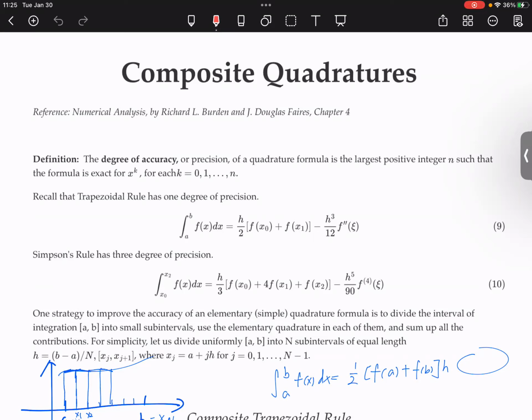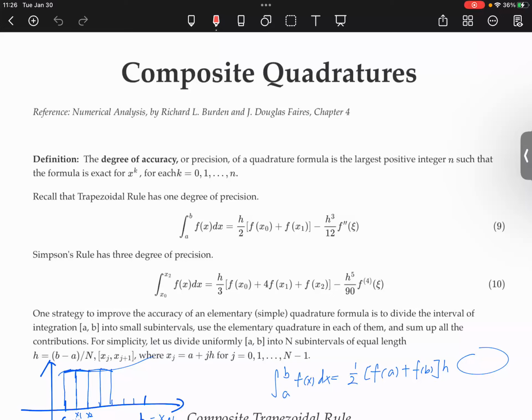In Simpson's rule, we have 3 nodal points: both endpoints and the middle point. So n equals 3, and what about the degree of precision? We only have 3 degrees of precision here.